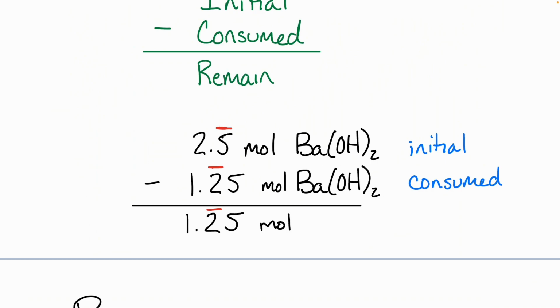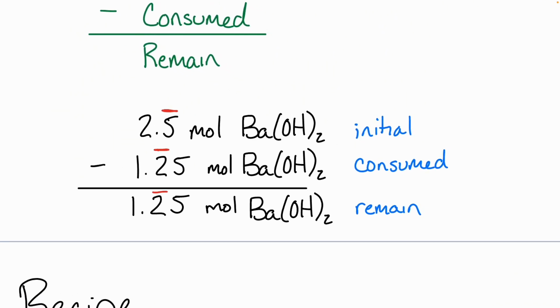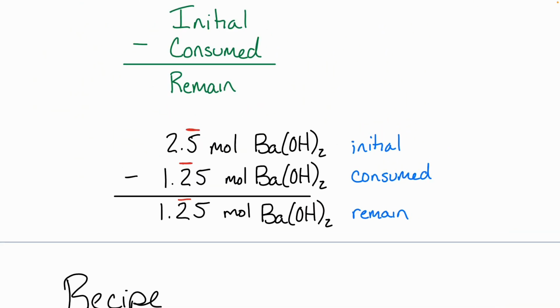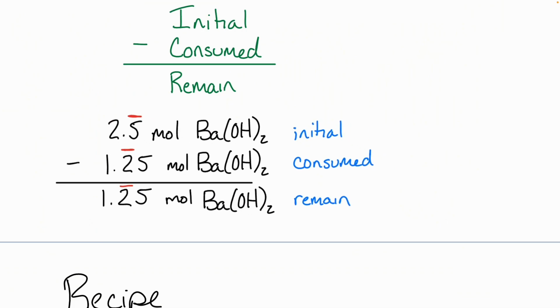Just be good and put barium hydroxide. All right, and it just turns out that it's the same value as the amount consumed because it was half of our initial, but rounded to our correct number of sig figs, 1.3 moles. That's how much remains.